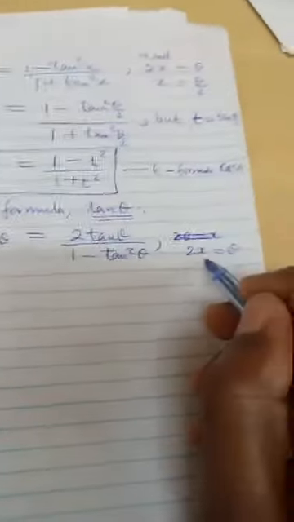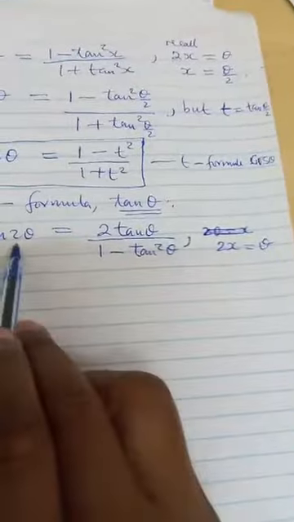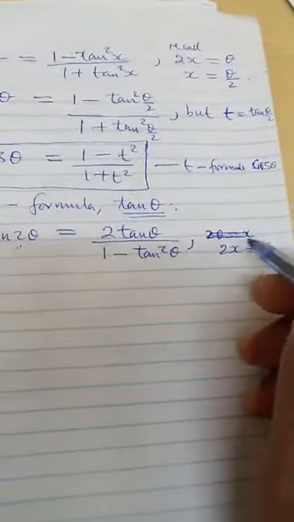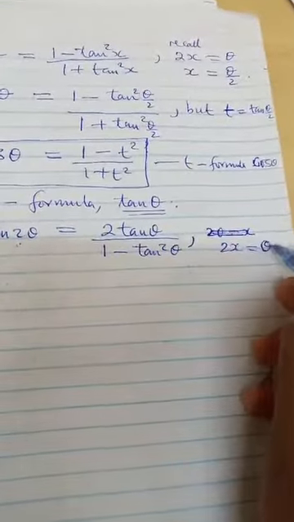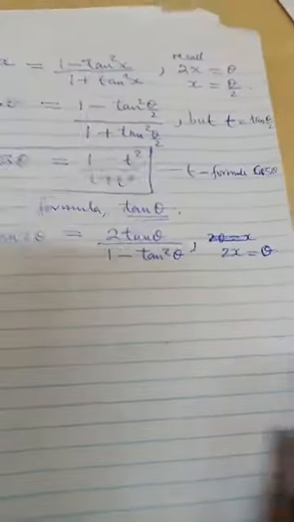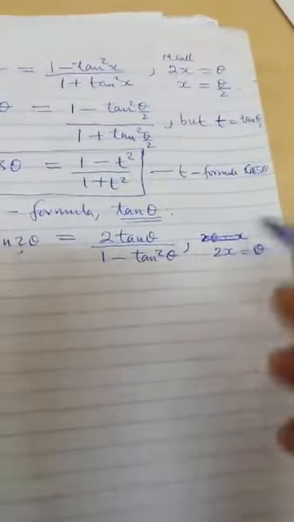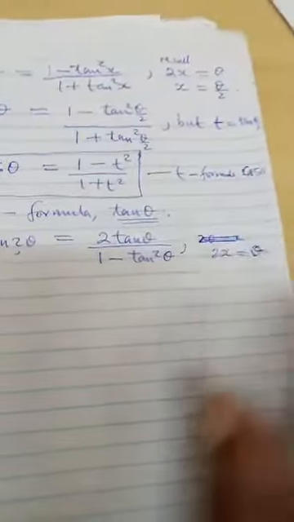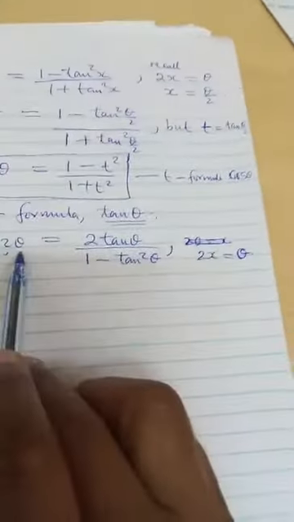So it implies that when they talk about 2 theta, it is the same as what? The tan of 2 theta is this. And for the previous one, I've been saying that 2x is equal to theta. But this time I have used tan of 2 theta straight away for a double angle.